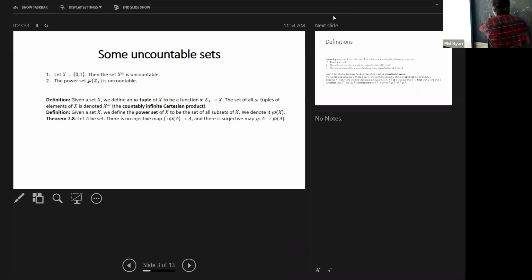The y comes from g, and y of n is going to be equal to 0 if xnn equals 1, and it's equal to 1 if xnn equals 0.